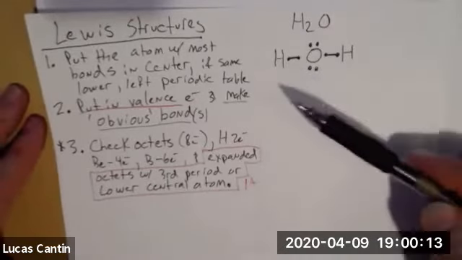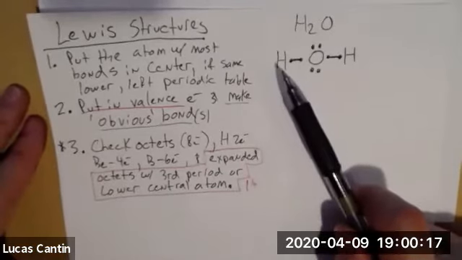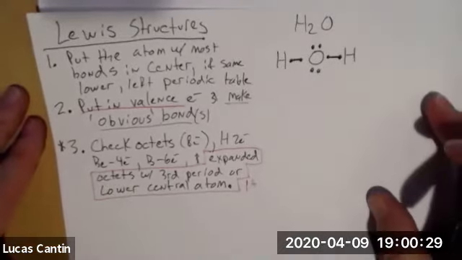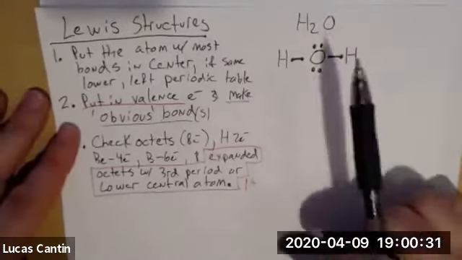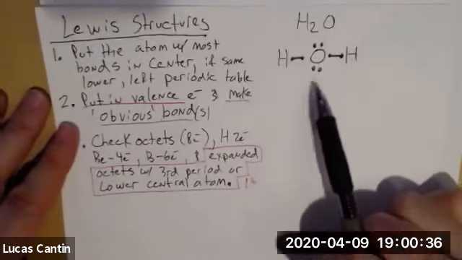So now we're going to look at each atom. Now this hydrogen's counted as having how many electrons? Now that it's sharing, it has 2 electrons, which is what it wanted. And this hydrogen over here also has 2. What about the oxygen?